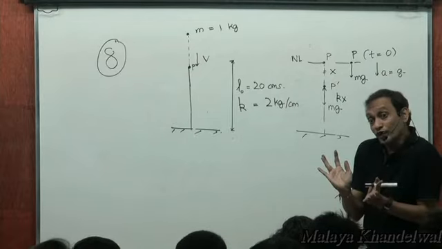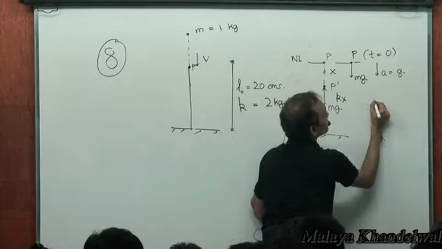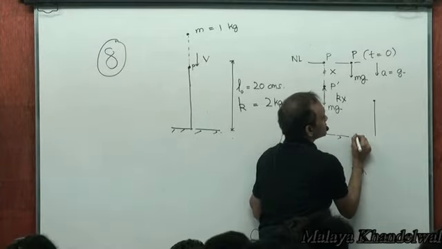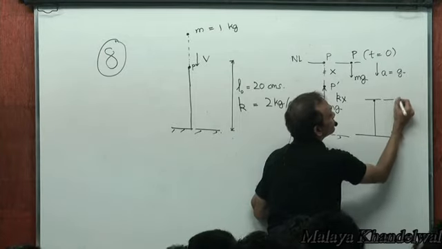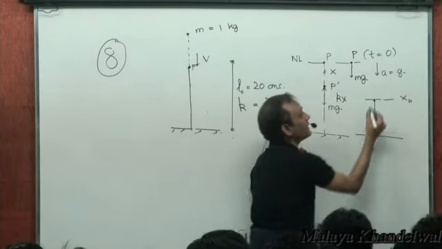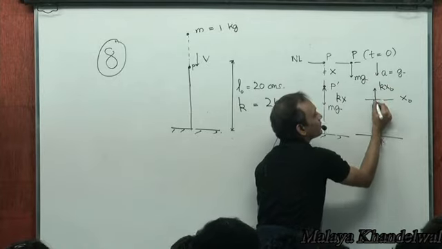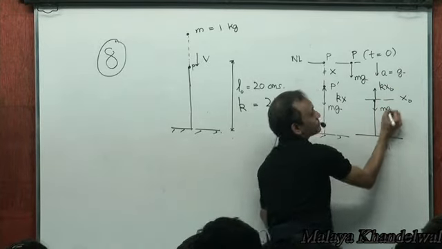So at some point, kx will become equal to mg, isn't it? At a certain compression x naught of the spring, we will find that kx naught becomes equal to mg.